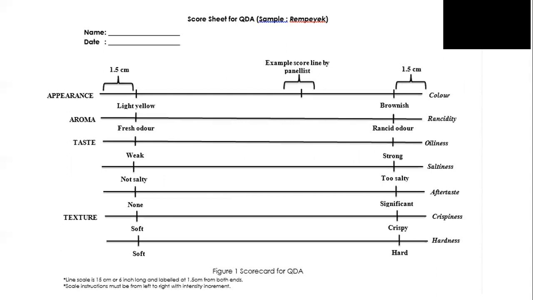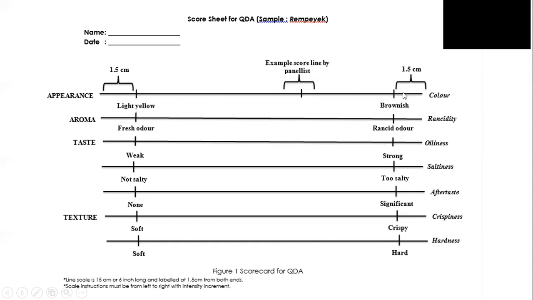Okay, so this is the score sheet or scorecard. All right, so 1.5 cm from each end, and the length of this line is actually 6-inch or 15 cm. For example, when the trained panelist tastes the sample and measures, the appearance is not light yellow.